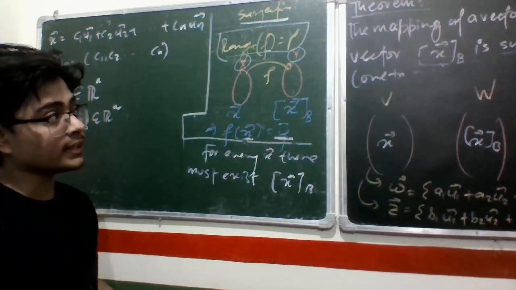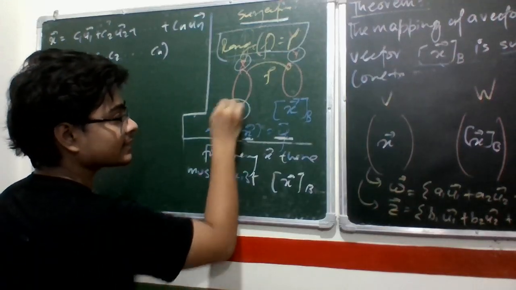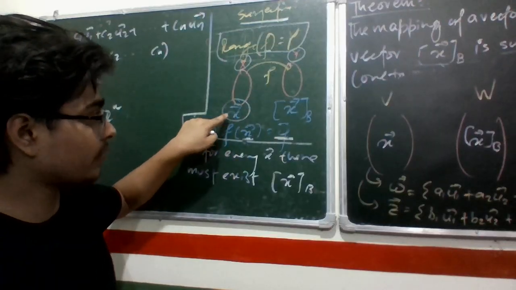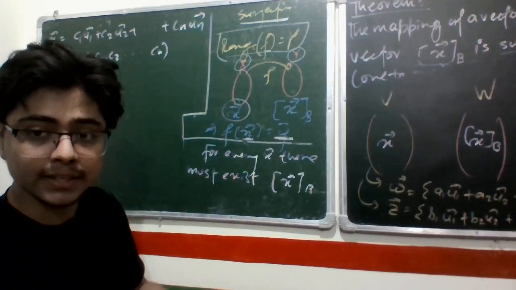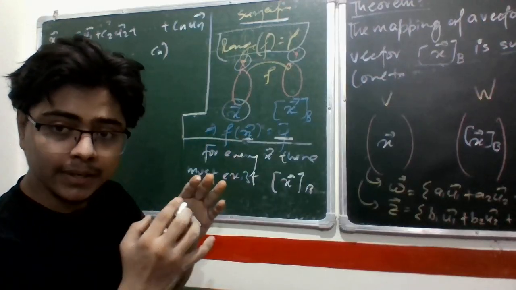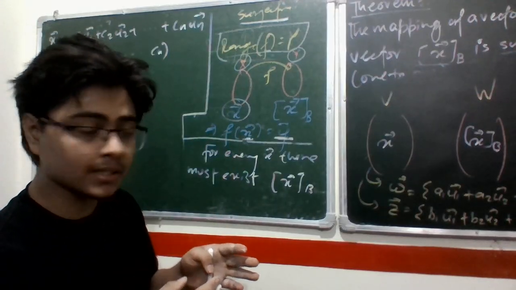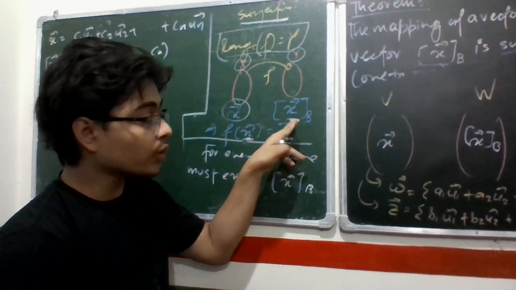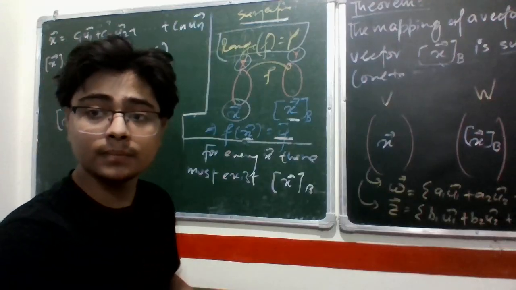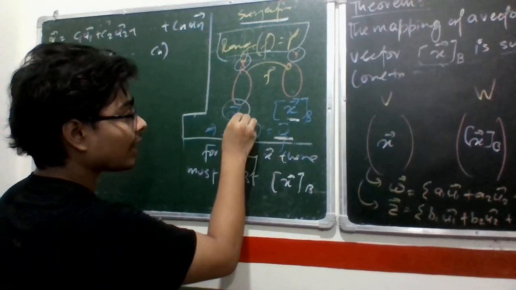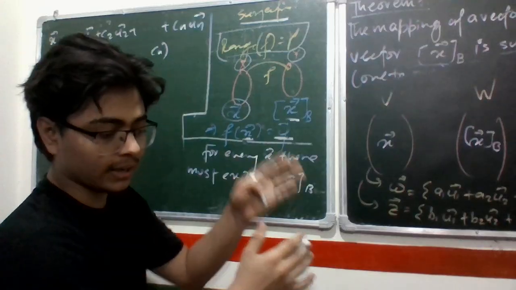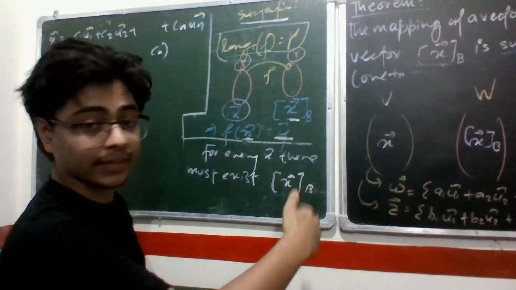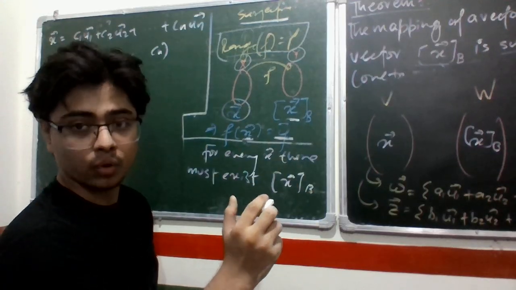In our case, it means that if we have an x which is a vector, then corresponding to that vector there must exist the corresponding value of the coordinate vector. That means for all x's, for every value of x, there must exist the corresponding value of the coordinate vector.